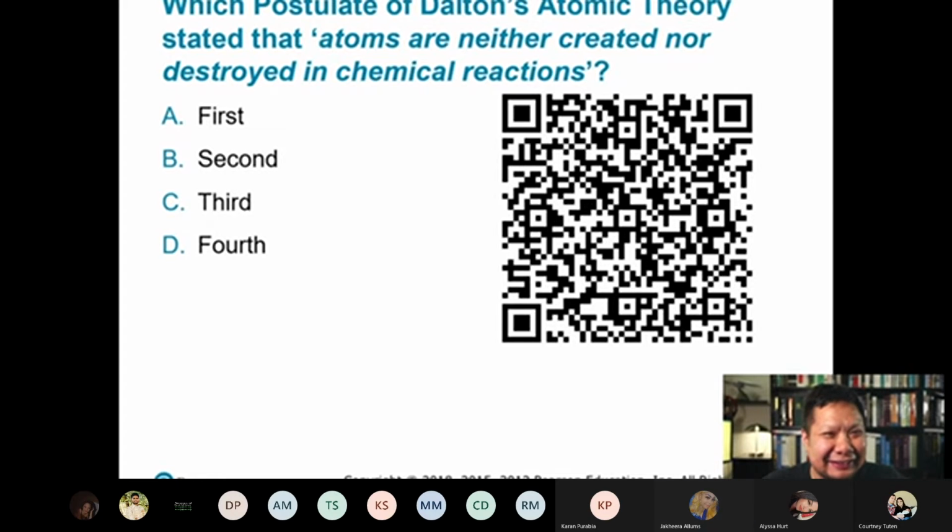All right. Let me get the QR code link out for you real quick here, if you need it. There it is. So one person has responded so far, and that one person got it right, I think. Let's see here.